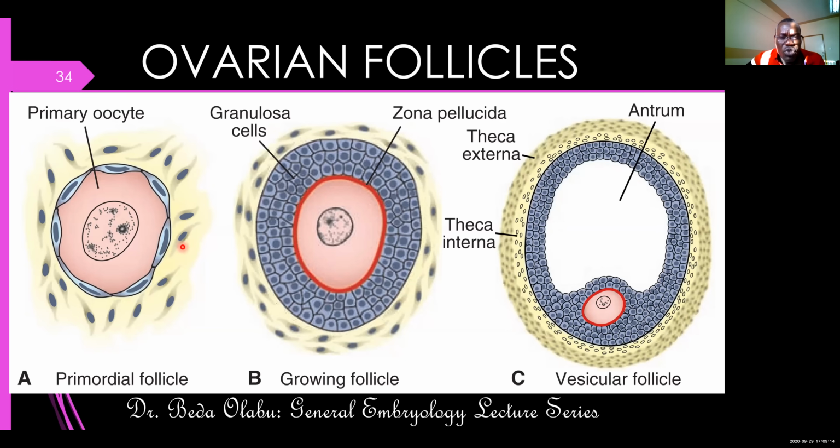So by the time ovulation is approaching, the follicle that will be present will be this one, not this type. Because as the follicle matures, the number of follicular cells also increase. And as we approach ovulation, there's a cavity that appears within the follicle.